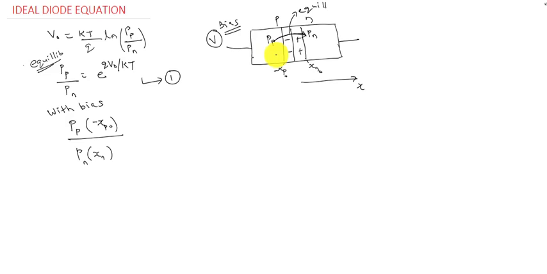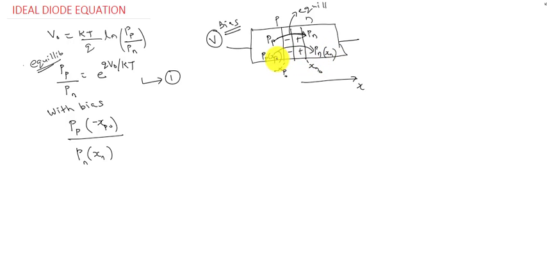Under bias condition, the value is represented by PP of XP, and this is PN of XN.